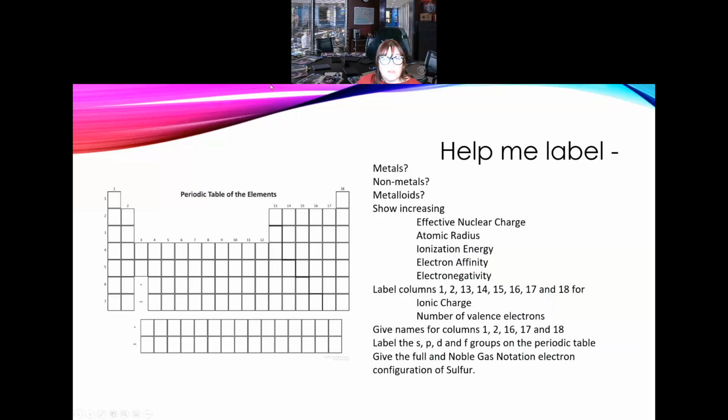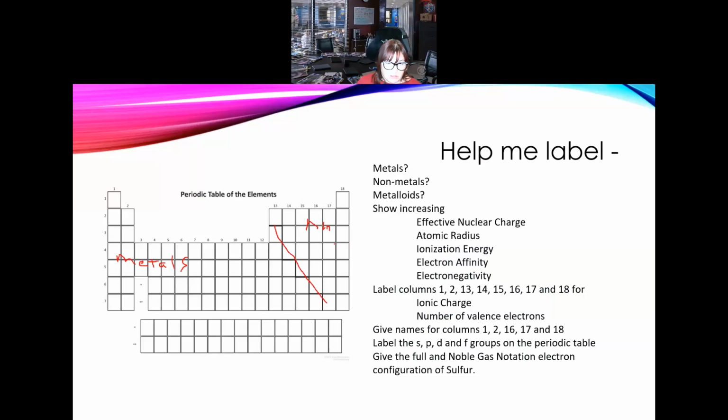So these are the metals. Really bad handwriting. My metalloids are these guys right along the stair step. The nonmetals, and I'm just going to write NM, are the ones over here.